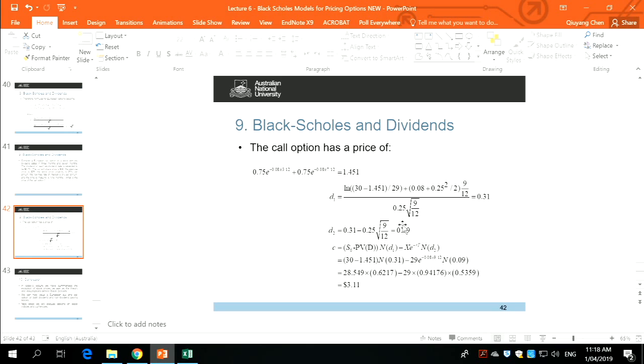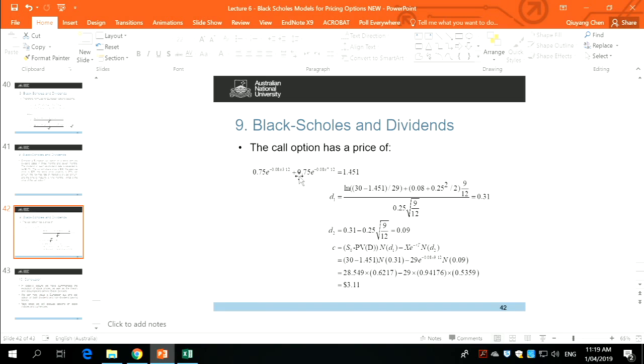Very similar to the way we deal with dividends in the futures price, first we discount these two dividends back to the present. The first 75 cents in 3 months' time is 75 cents times e to the power of minus 8% times 3 over 12. That's just us discounting back 3 months.